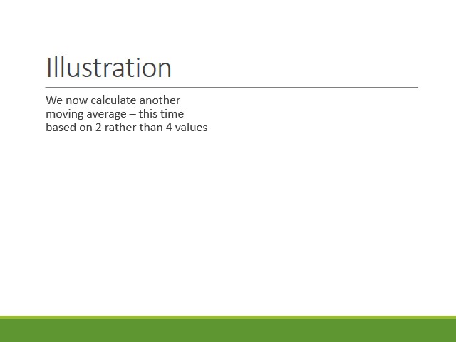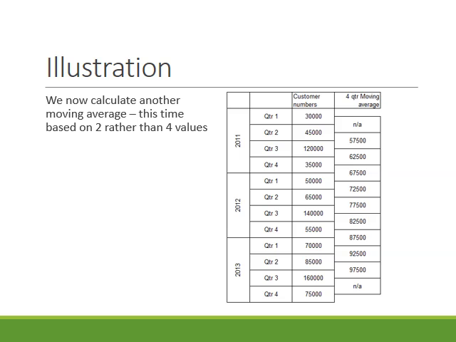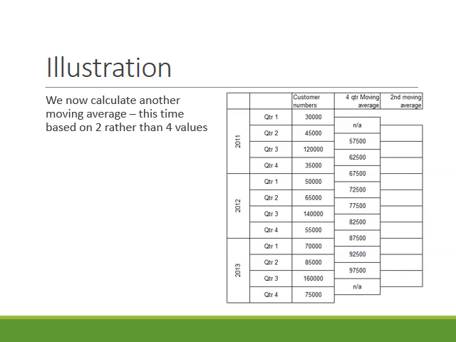Now what we can do is calculate another moving average, but this time based on 2 rather than 4 values. So we start with the 4-quarter moving averages, and then we'll add on an additional column. And in this column we're going to calculate an additional set of moving averages, which are this time based on the 4-quarter moving averages.